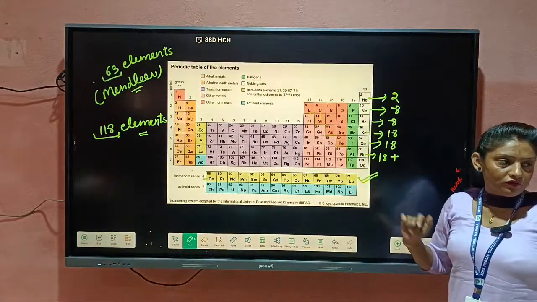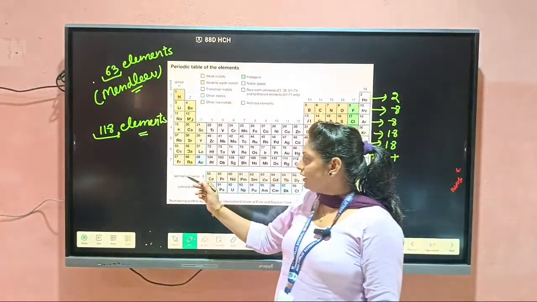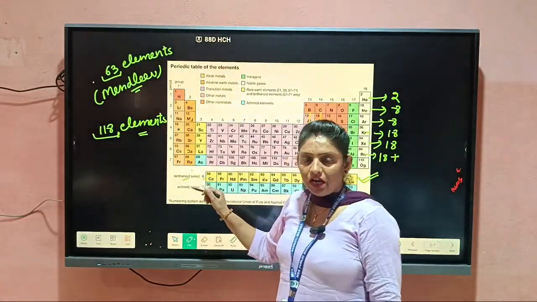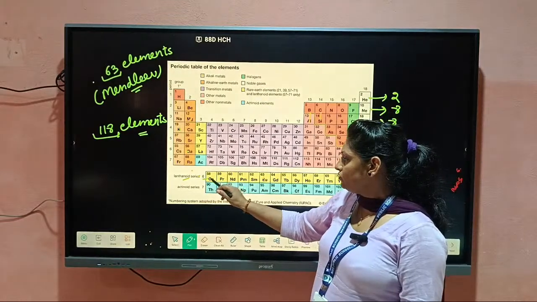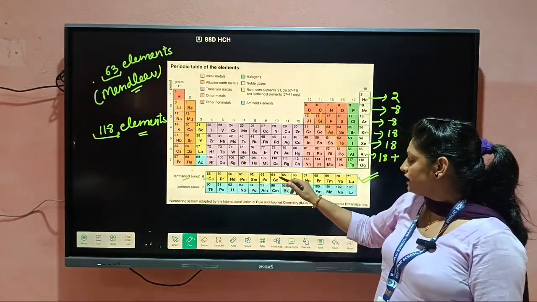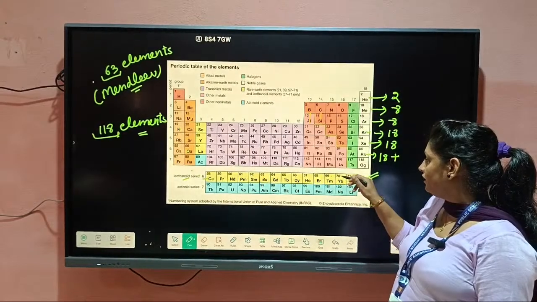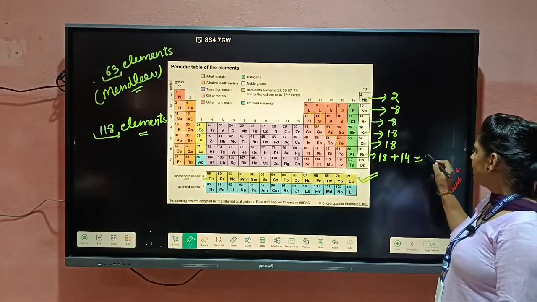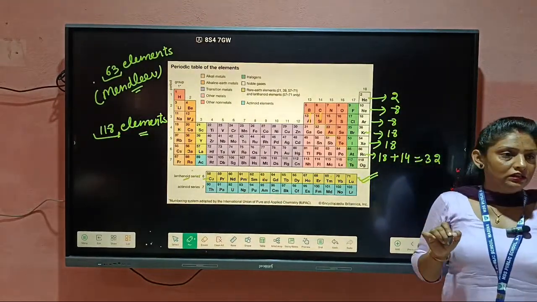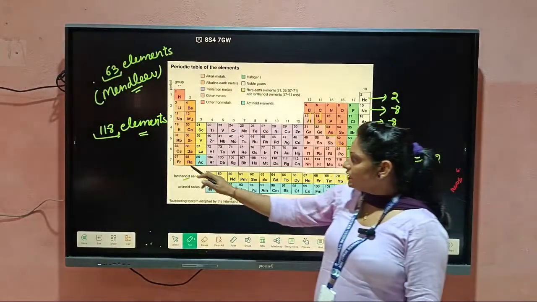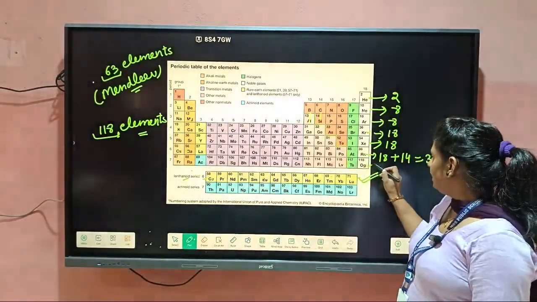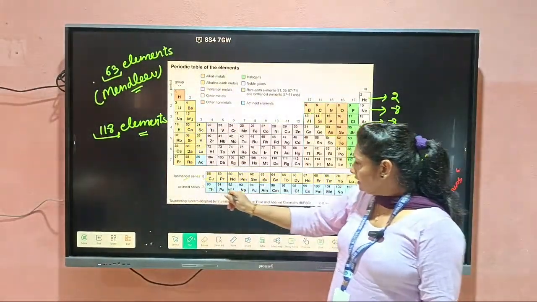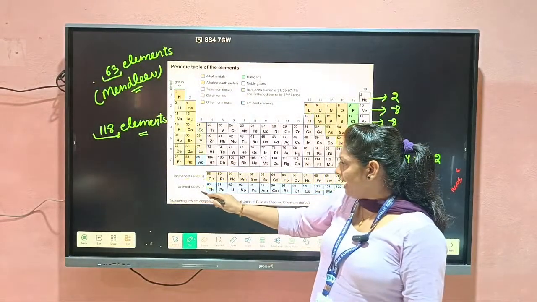This is also part of the sixth period, and these are known as the lanthanoid elements, and this series is known as the lanthanoid series. There are 14 elements in this series: 1, 2, 3, 4, 5, 6, 7, 8, 9, 10, 11, 12, 13, 14. So in the sixth period, 18 plus 14, there are 32 elements. And in the seventh period, there are 18 plus this actinoid series.